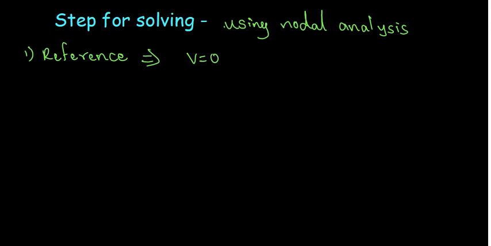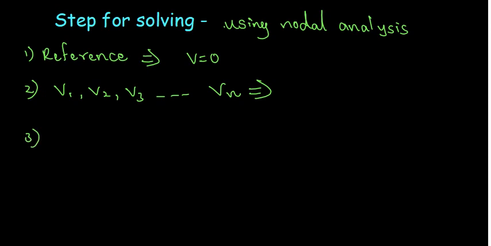That's called the reference node. And then we need to put the node voltages like V1, V2, V3, and then Vn, according to the number of nodes you have.